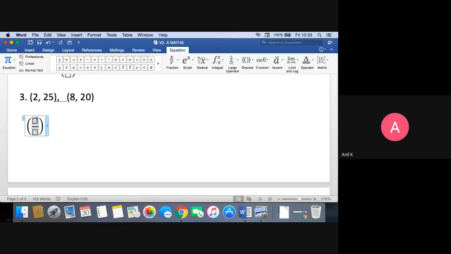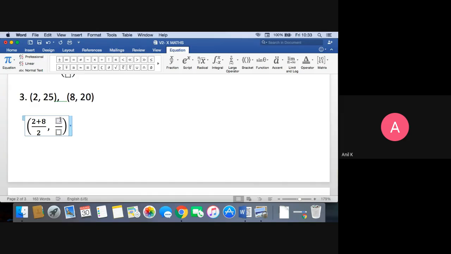The midpoint formula is x1 plus x2 by 2, comma, y1 plus y2 by 2.